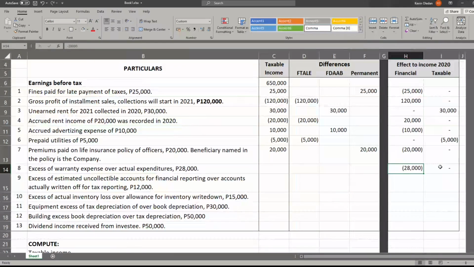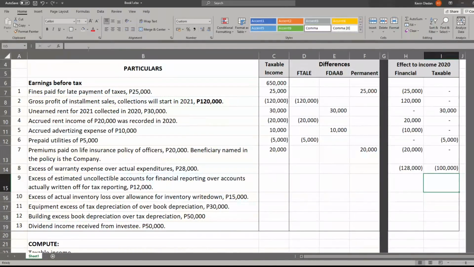But if I would put this into perspective, kung sabihin natin ang warranty expense, for example lang, is 128,000. Assumption lang to kasi hindi ko alam kung magkano talaga ang warranty expense. Pero ang nangyari, ganito po. Ang warranty expense in your financial accounting is 128. Meanwhile, in taxation, ang nabayaran mo lang na warranties is equal only to 100,000.